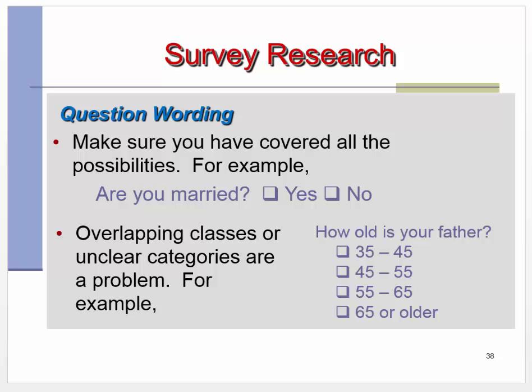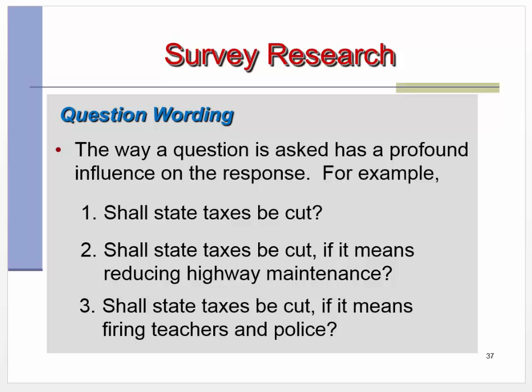For example, if you ask, should the state tax be cut? You will get a certain response. If you ask, shall the state tax be cut if it means reducing highway maintenance, then you will get a different set of responses. If you ask, shall state taxes be cut if it means firing teachers and police, then the answers you get will still be different.